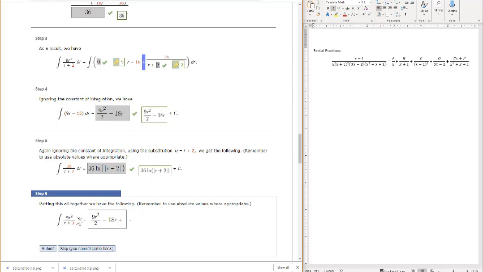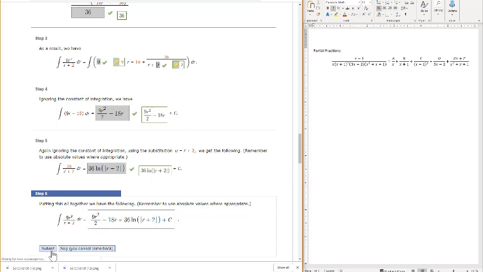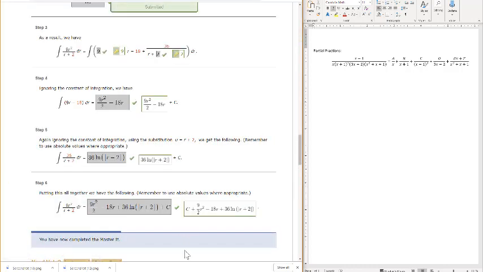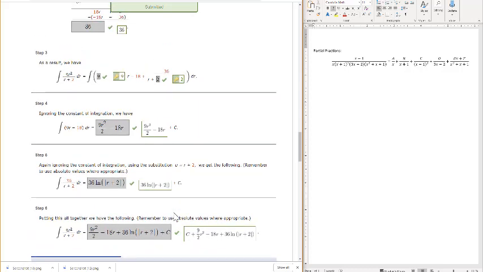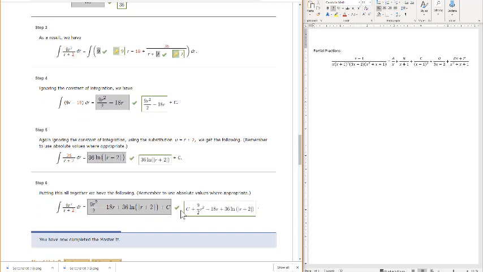So there's a plus here, and that would be 36 ln of r plus 2. And let's not forget our plus c. Okay, so this didn't really involve any partial fractions, but it involved some long division that we need to try to remember. Okay, I hope that helps.